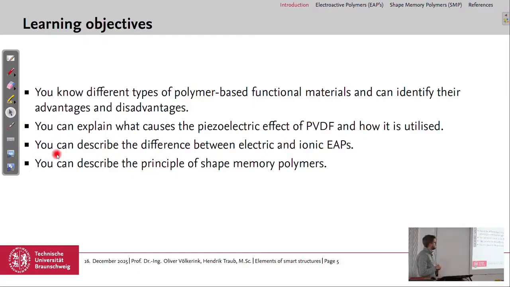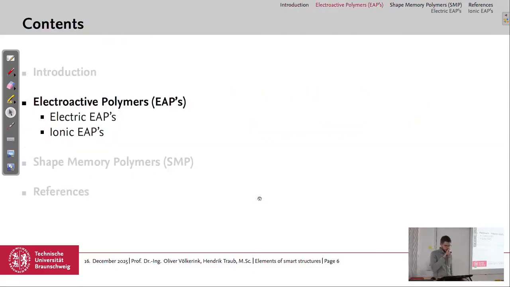Then, after the lecture, you can explain what causes the piezoelectric effect of PVDF, so a polymeric material also having the piezoelectric effect and how it is utilized. Then you should be able to describe the difference between electric and ionic EAPs, electroactive polymers, and you can describe the principle of shape memory polymers, but this we will only visit very briefly. So we start with electroactive polymers.